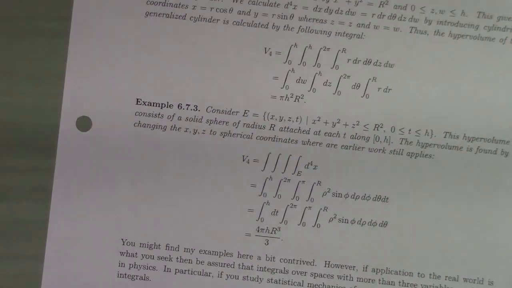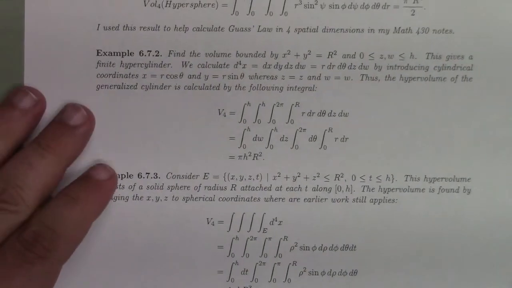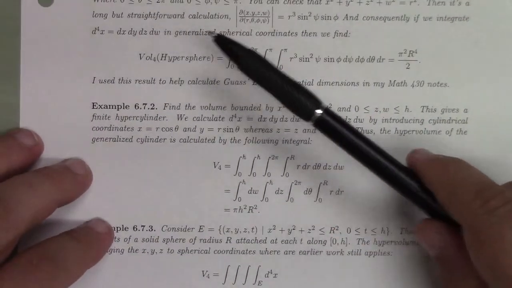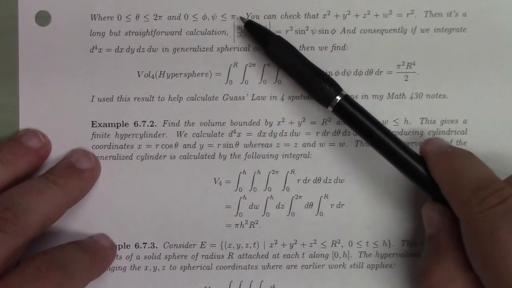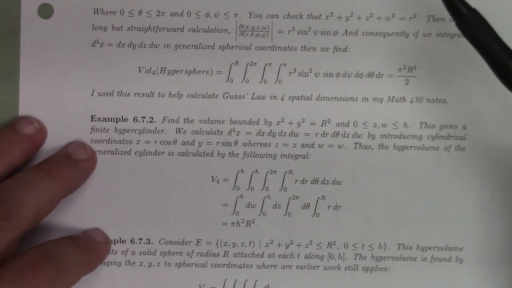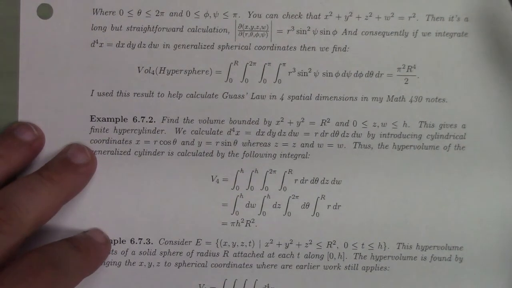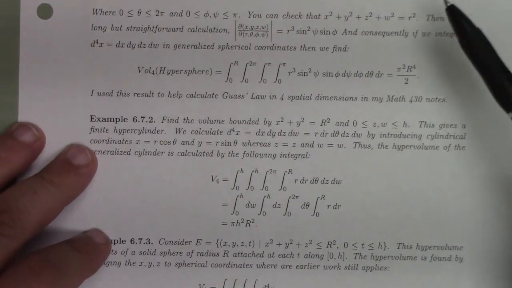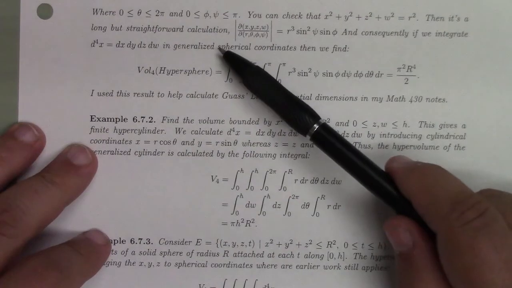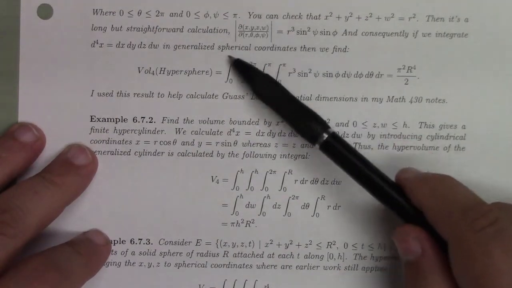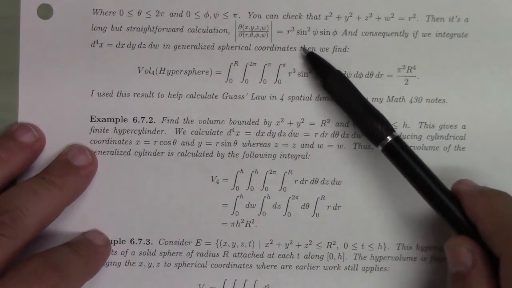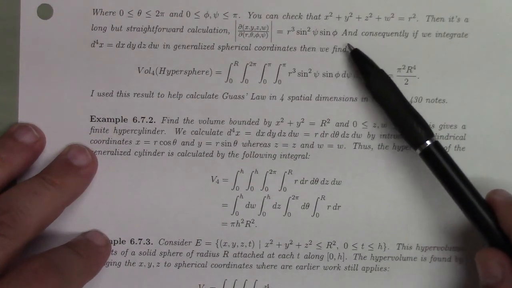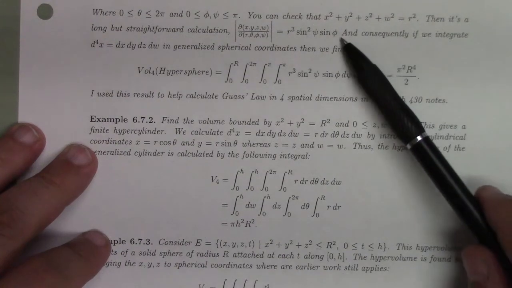And so in this wild new four-dimensional world, you'd have theta going from 0 to 2 pi, and you'd have both phi and psi going from 0 to pi to describe the four-dimensional volume, or hypervolume as people say. And it's a long, straightforward, but tedious calculation that the Jacobian of x, y, z, w with respect to r, theta, phi, psi is in fact r cubed sine squared phi sine theta, sine phi rather.